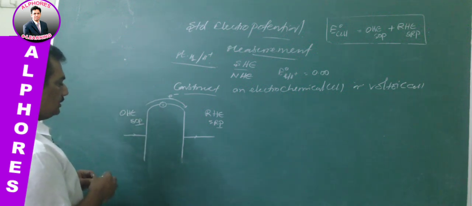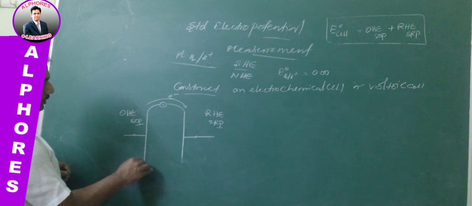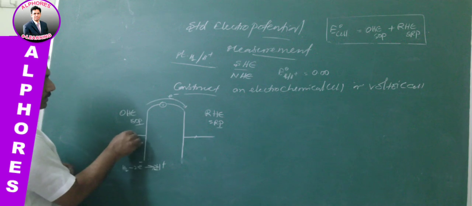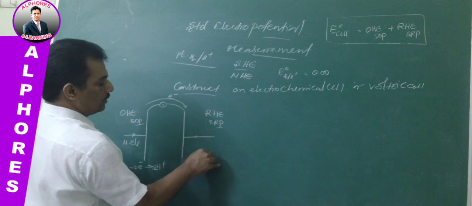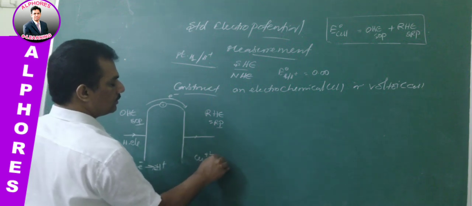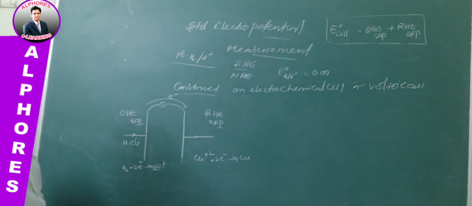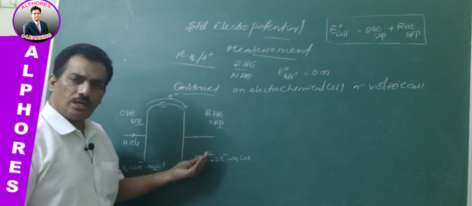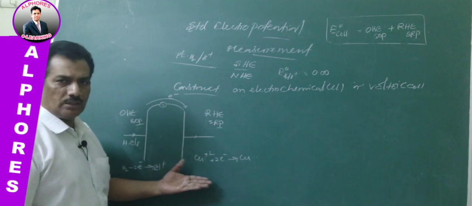Here it is observed that hydrogen, by releasing electrons, gets into H plus, it is the hydrogen electrode, and here copper by getting electrons is reduced into Cu. Simply you can write this copper on this side and hydrogen on this side also, no problem at all, but only for convenience sake I am writing like this.